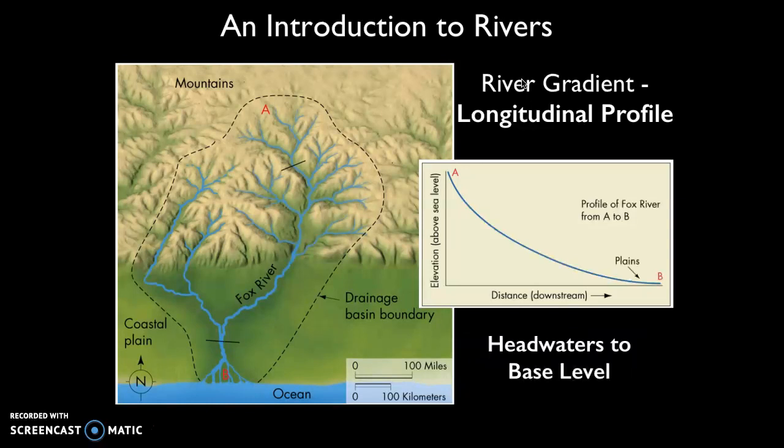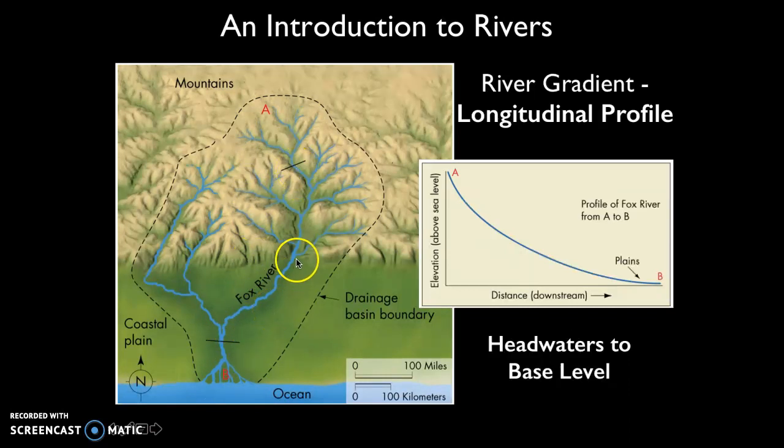So in a river, the gradient is going to be the highest elevation, so let's consider A as the highest elevation, minus the lowest elevation that you're looking at the end of the river, so that would be B in this case. And then we would divide over the distance between A and B. That would be the overall gradient for this specific river, which is the Fox River.